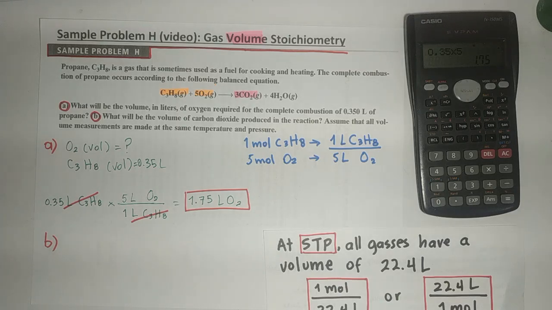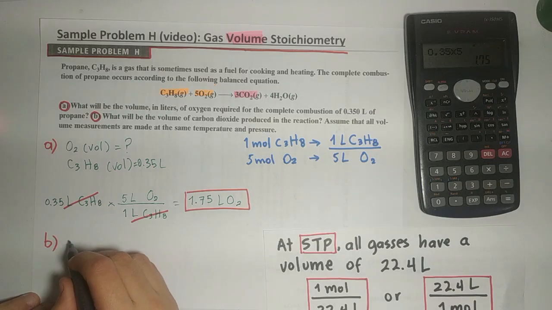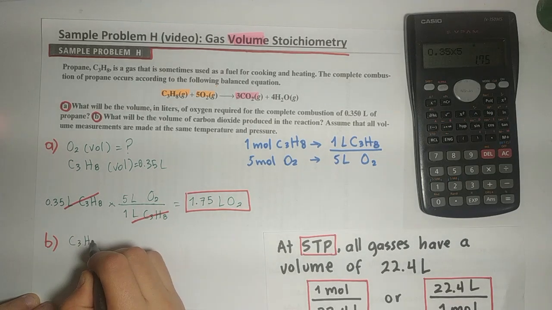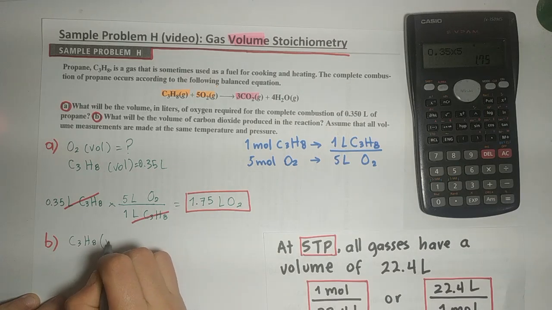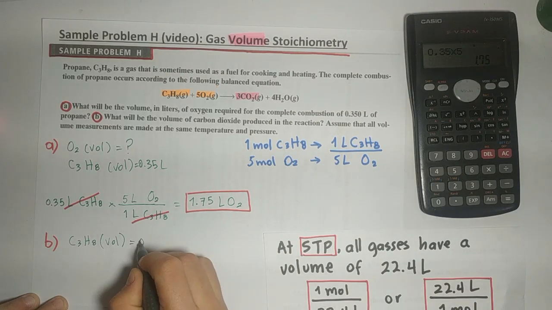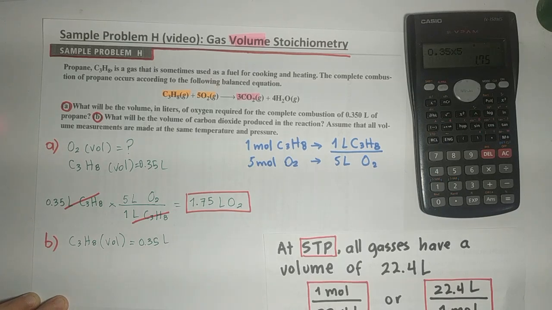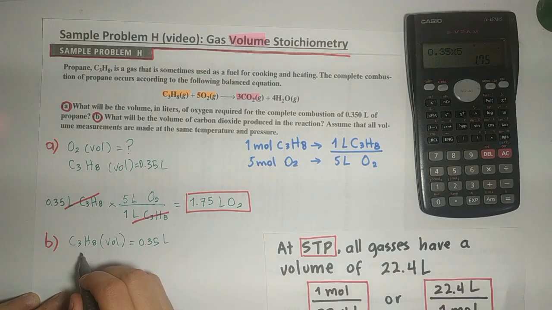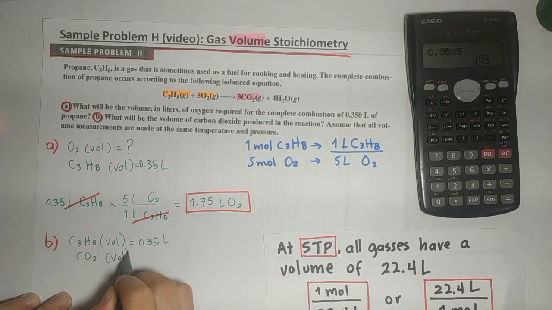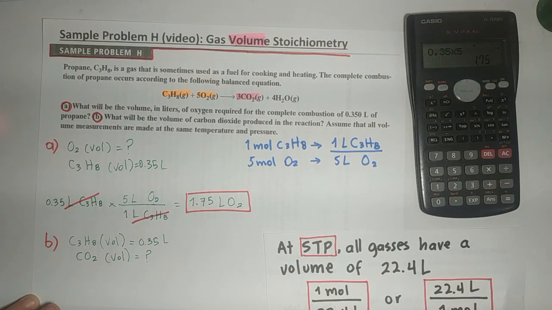So, they are giving me the same. My propane is the volume given, that is 0.35 liters, and I need to know CO2, its volume. That is my unknown.